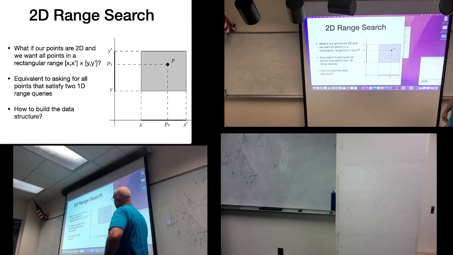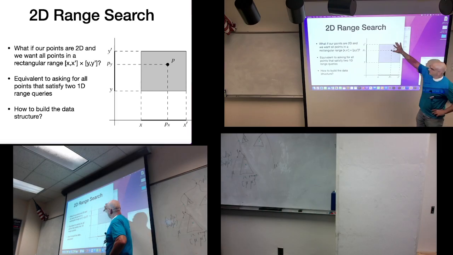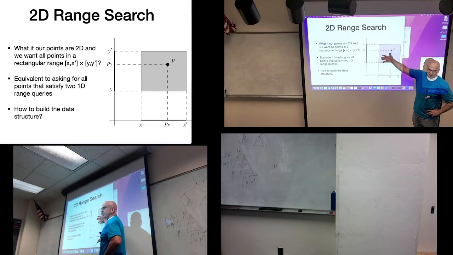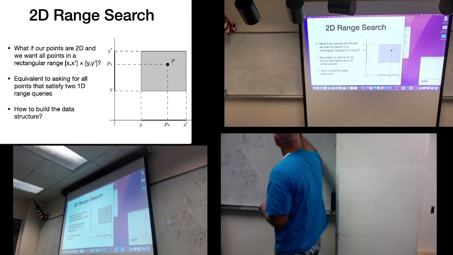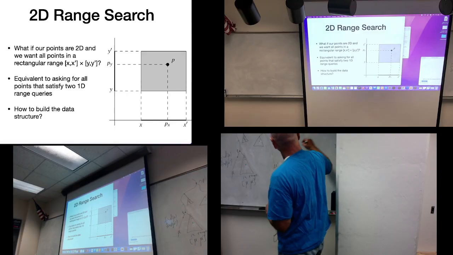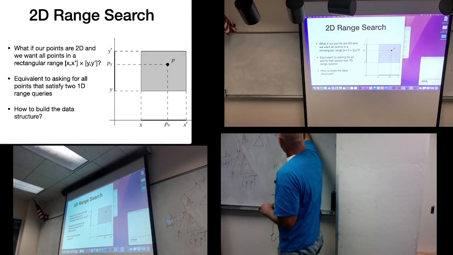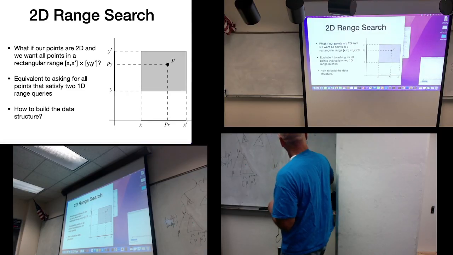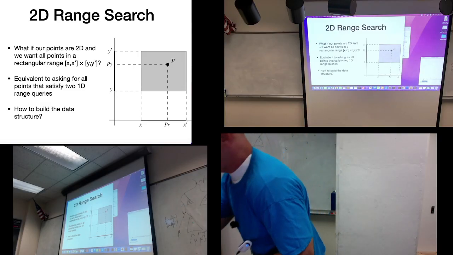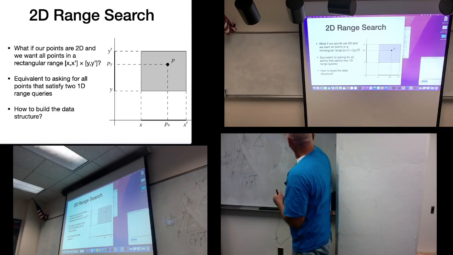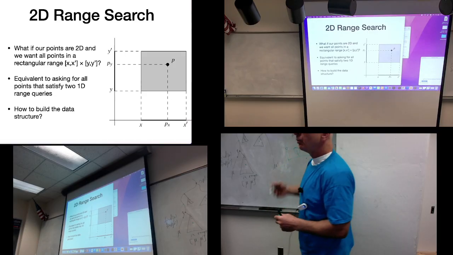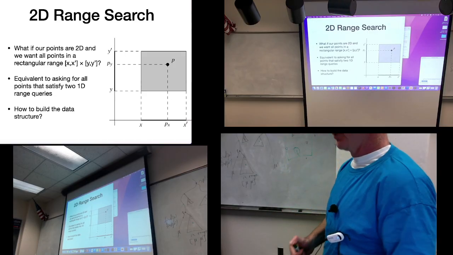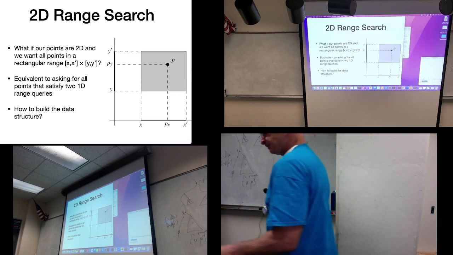And I want to know who are the points. I have a set of points that are all living in the 2D space. Right now we'll talk about the 2D space. Think about them, pre-process them, so that once I tell you about a query region, you can tell me fast who are the points that live inside this query region.